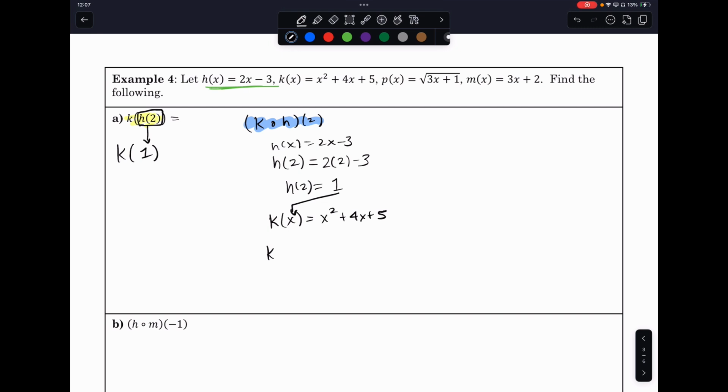We're going to evaluate k when x is equal to 1. So 1 squared plus 4 times 1 plus 5 equals a total of 10. So k of 1 equals 10, which means that the entire composition, k of h of 2, equals 10. So this is your answer.